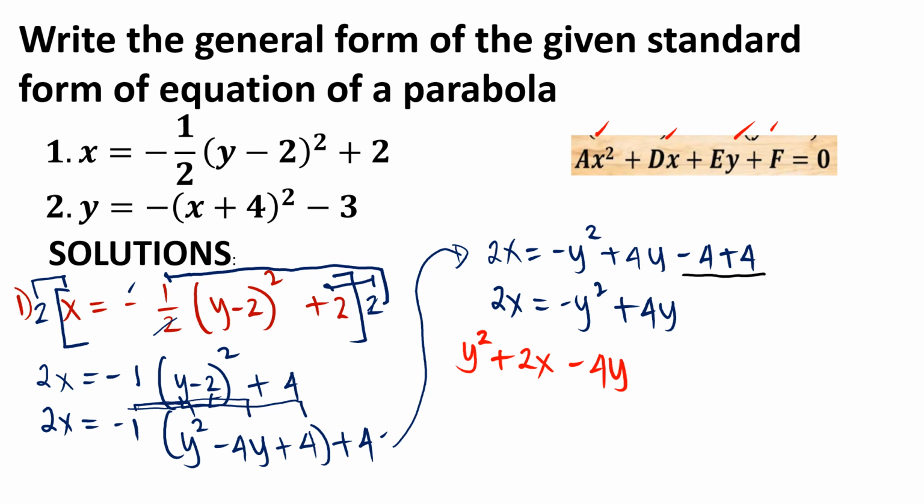There is nothing left, so this is equated to 0. And this is already the general form of the given number 1, x is equal to negative 1/2 times (y minus 2) squared plus 2.